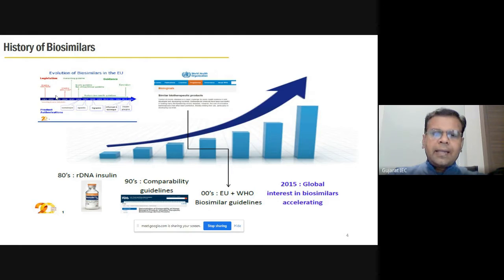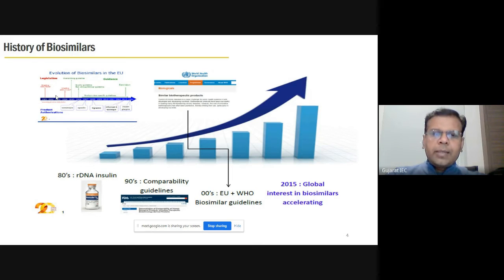In the next decade, about the year 2000, there were small improvements which led to the development of guidelines from Europe and the WHO, the World Health Organization.